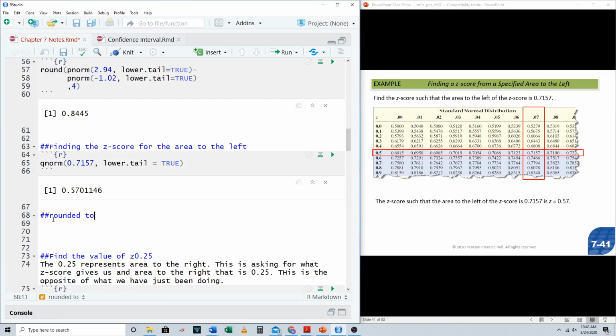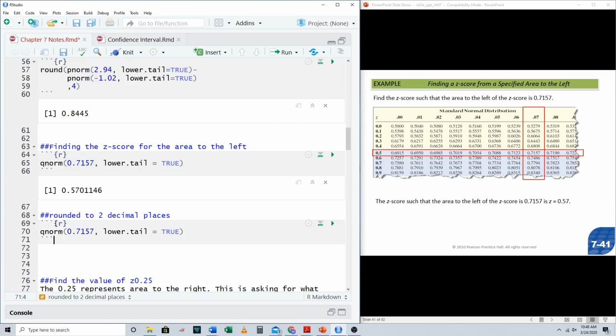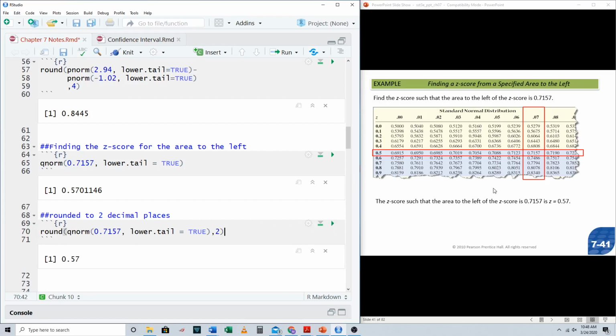I'm just going to copy this, paste it, and include the round parentheses down here, comma 2 close parentheses. So 0.57. And that's it.